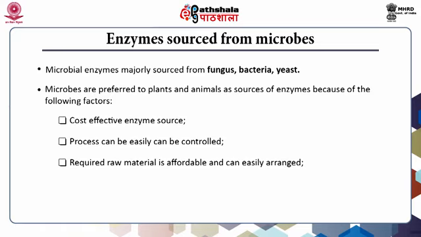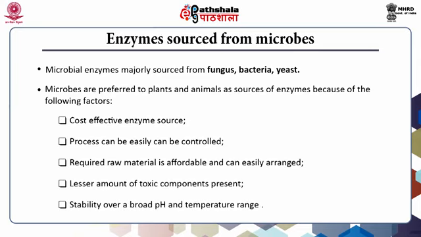The raw material required for the media for fermenting microbe is easily affordable and easily arranged. There is a lesser amount of toxic components like antibiotics or steroids present as compared to animal and plant tissues. At last, microbial enzyme exhibit stability over a broad pH and temperature range.